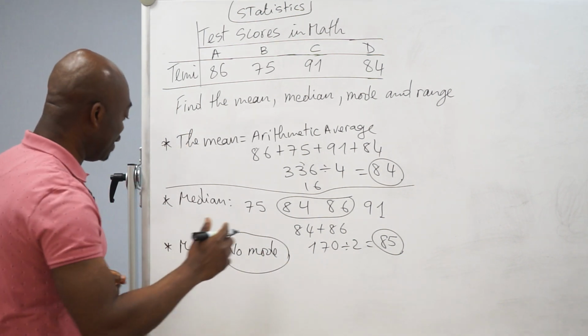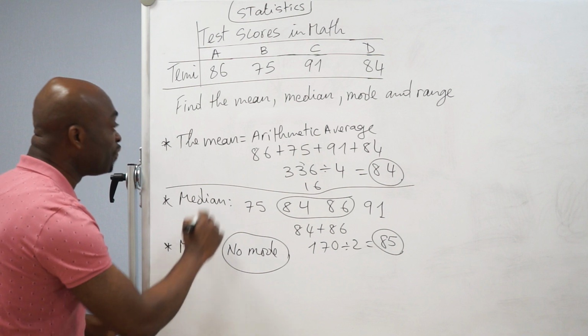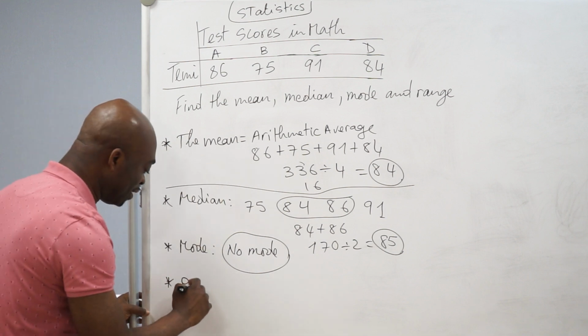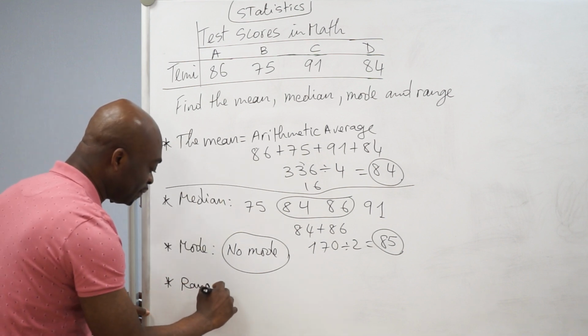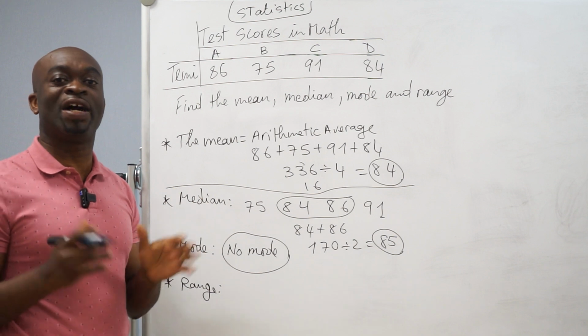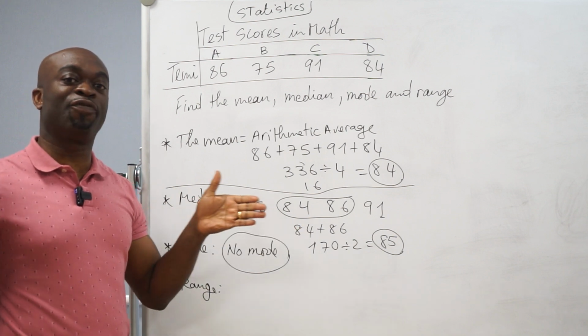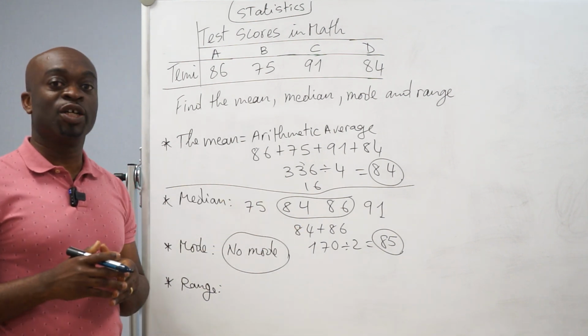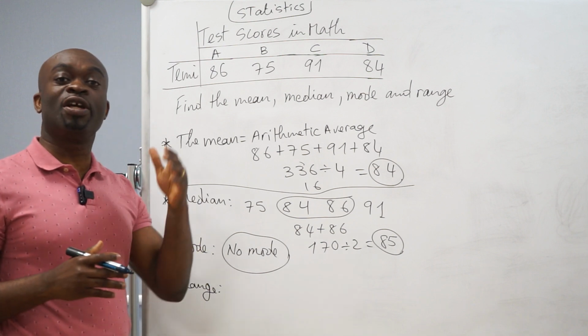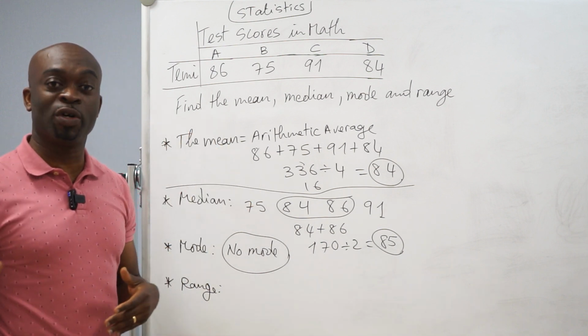Okay? And then to go with the last but not least here, we've got to find the range. Okay, the range helps us to find the spread. That means the difference in the data set. So the range is going to be the highest number minus the lowest number.